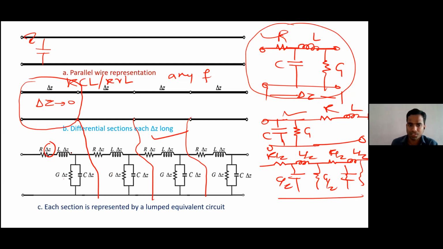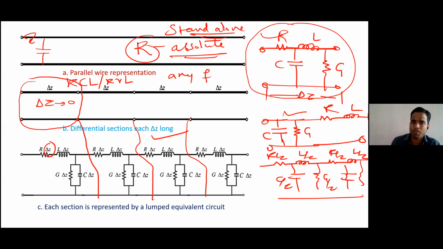In your lumped component, R is absolute, because it is standalone and separate; it has an individual identity. But the R here is for a length of delta Z.